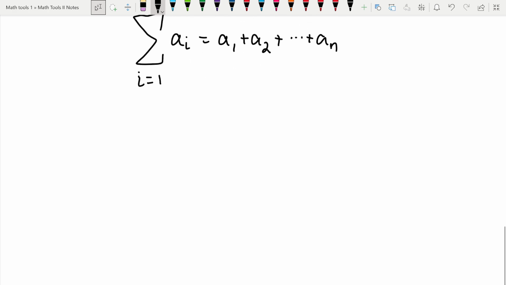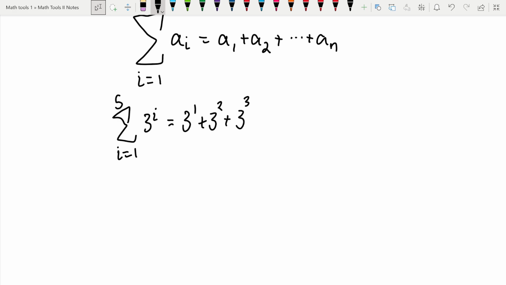So if we were given something like i equals 1 to 5 of 3 to the i, for example, then this would tell us that we're doing 3 to the 1 plus 3 to the 2 plus 3 to the 3, 3 to the 4 plus 3 to the 5. The sigma notation only goes over the positive integers, or sometimes 0 can be included.